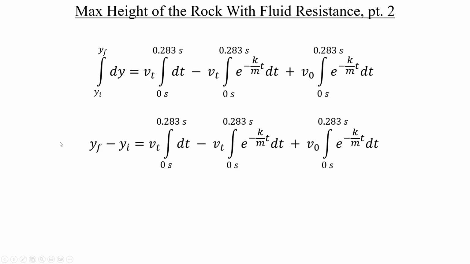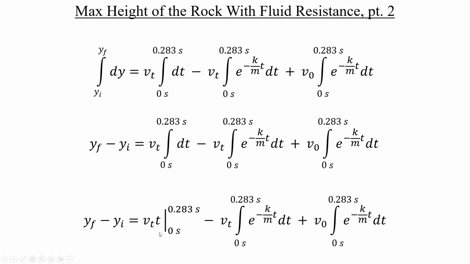Okay, pretty simple. On the right, our first integral term is another situation just like that. Here we're integrating 1 with respect to t, which gives us t evaluated at these endpoints, like that.